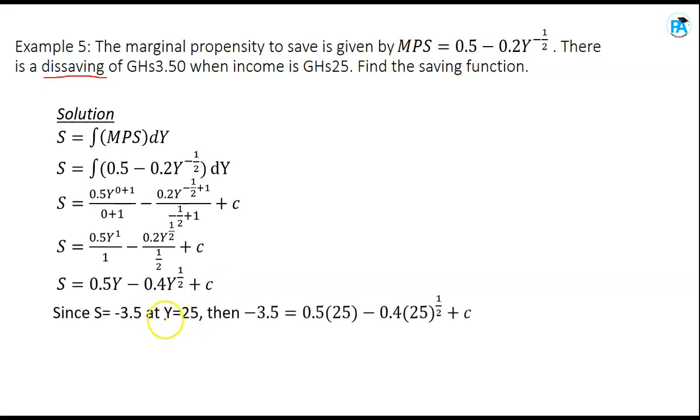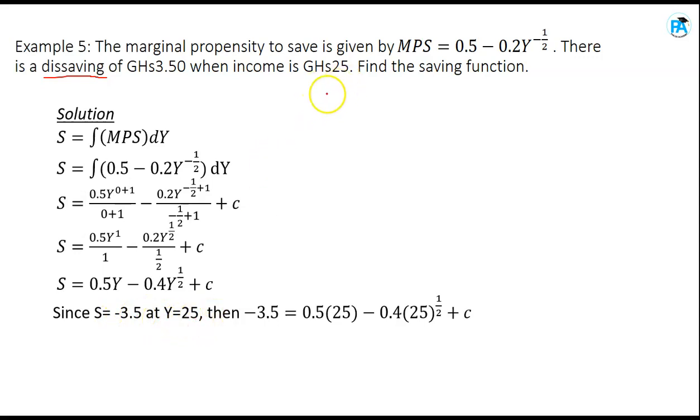So this gives us what? Now, the question says there is a desaving. So you are going to say since s, which is saving, is equal to negative 3.5. If the question had said saving, not desaving, if the question had said saving of 3.5, you would have used s as positive 3.5. But because the question says desaving, you use your s as negative 3.5 at y equals 25.